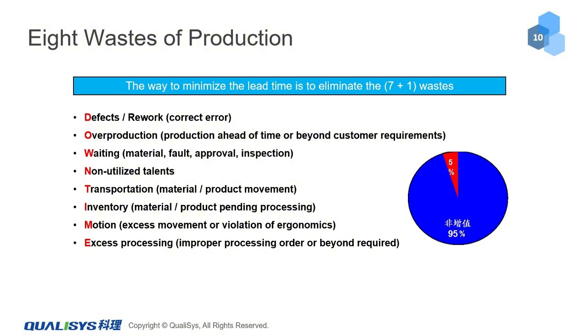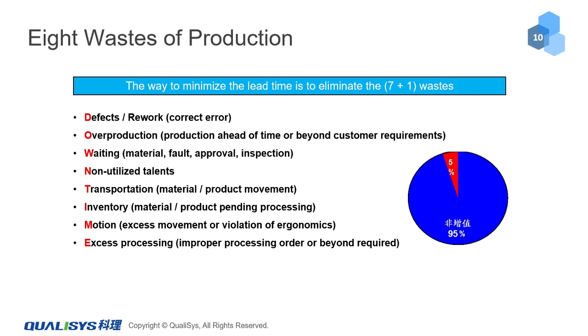Motion. When you work on the product, when you do assembly, when you do packing, as long as a human works, there must be some motion. Your hands may be moving, your legs may be moving, your whole body may be moving. Motion is a waste, especially excess movement.